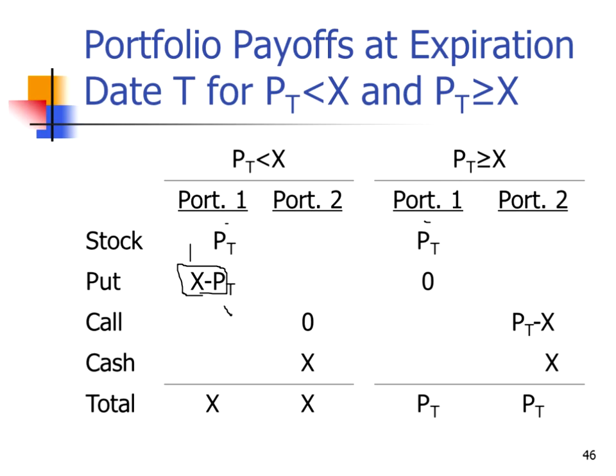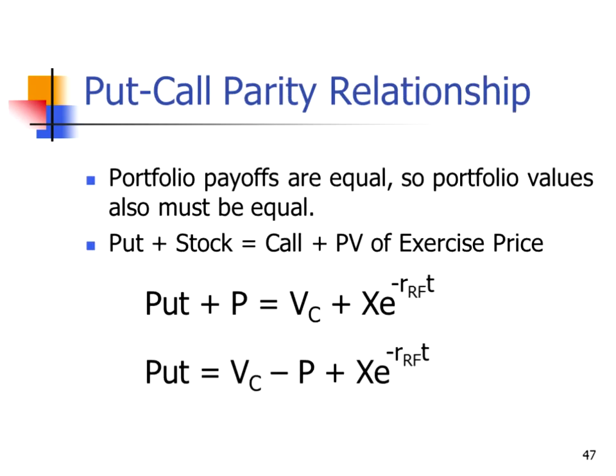This is the exercise price, which is less than the stock price, so you are able to sell at a higher price than the price in the market. On the other hand, your value is 0 in case the market price is over the exercise price. In case of call, it's the reverse, and cash positions.